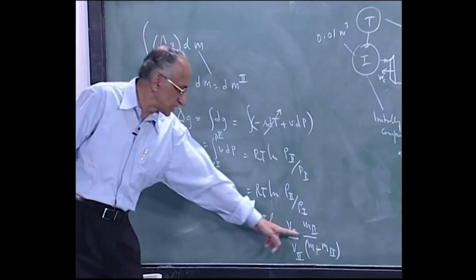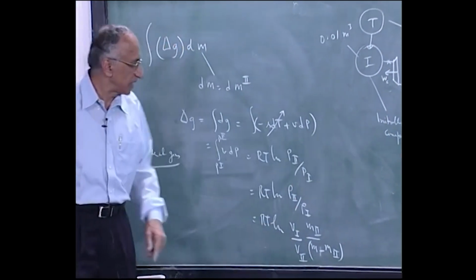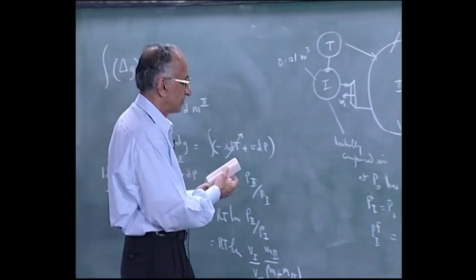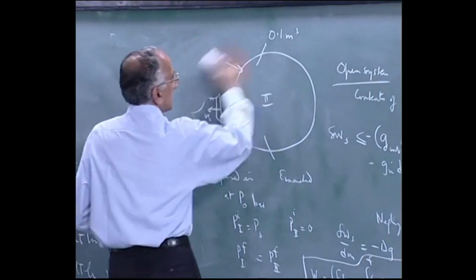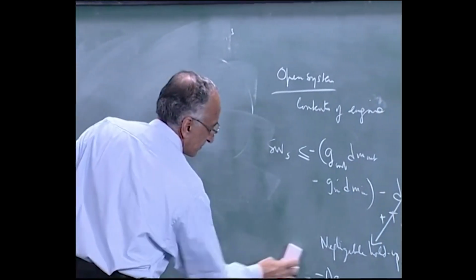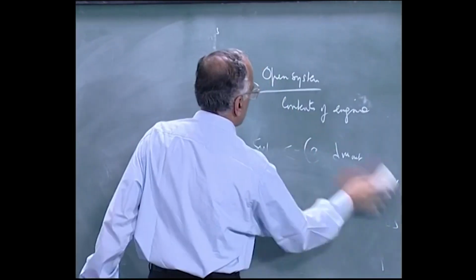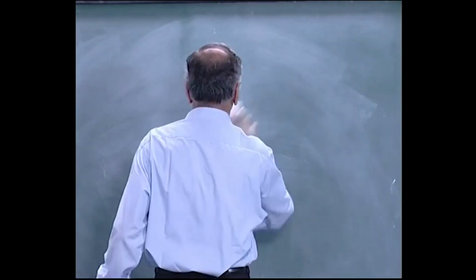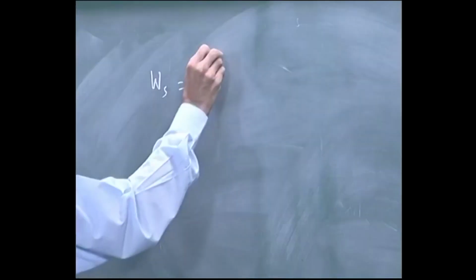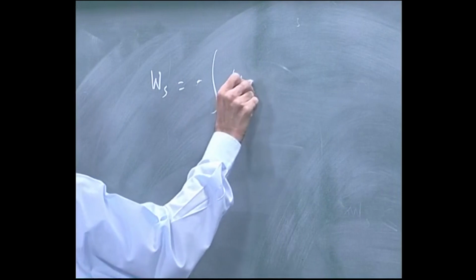Now I have to do this integral over dm, dm is dm2, so I will simply get delta G. Since I want to get Ws, this is equal to minus integral of delta G dm2.